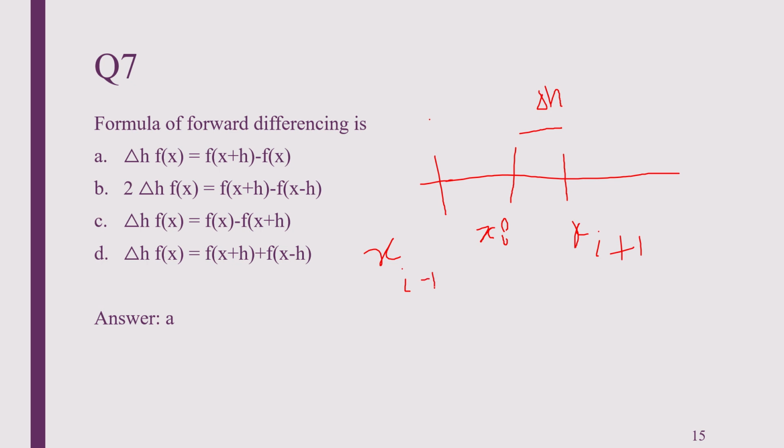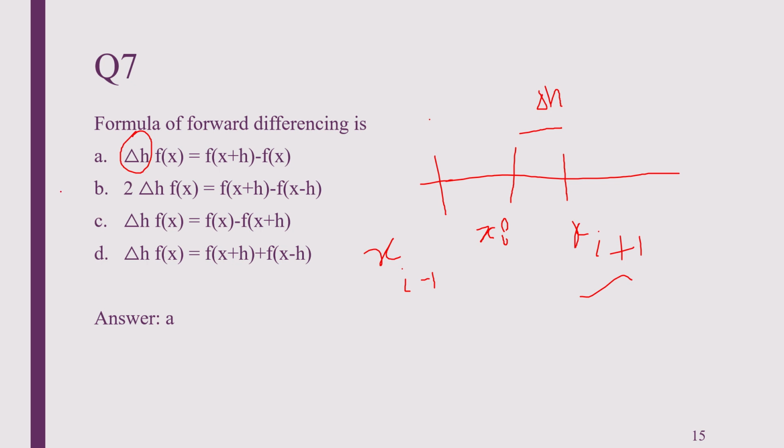How would we get the formula for forward differencing? In forward differencing we use the next value and the present value. So it is f of x i plus 1 minus f of x i divided by delta x, or here in this case, f of x plus h minus f of x divided by delta h. If we take delta h to the other side, we get delta h times f of x is equal to f of x plus h minus f of x.